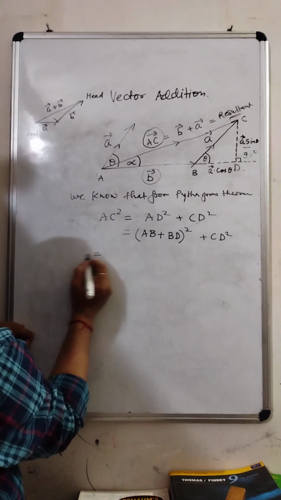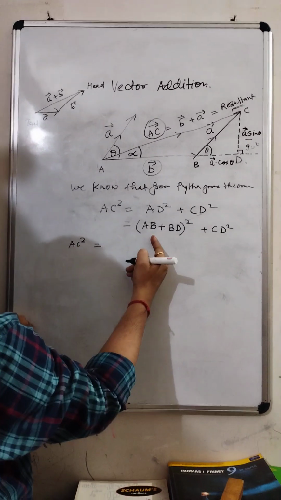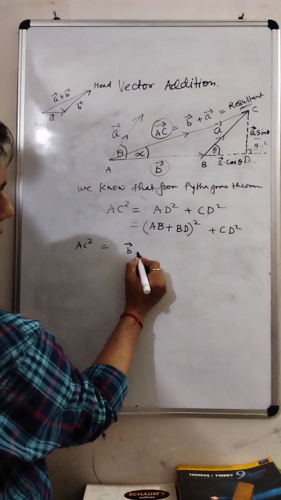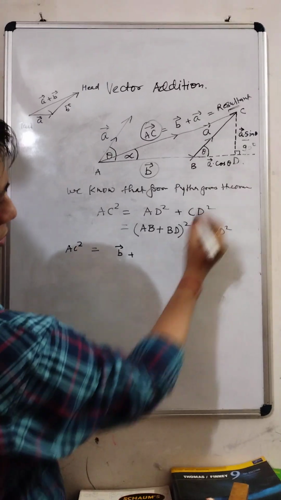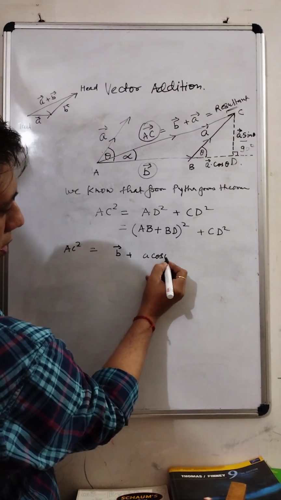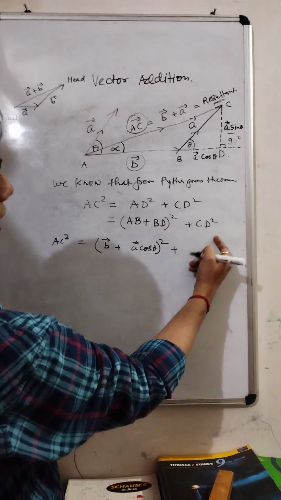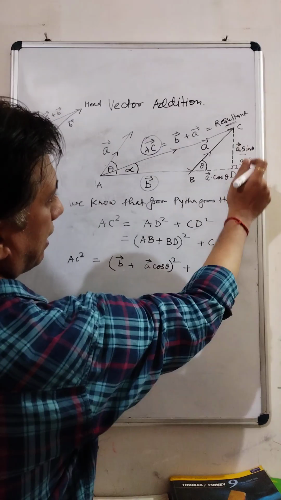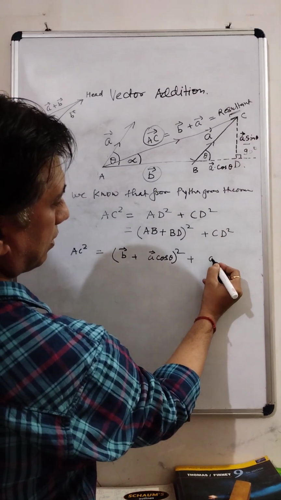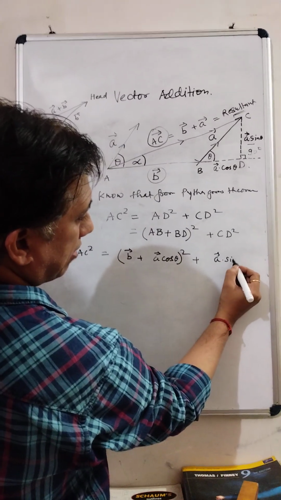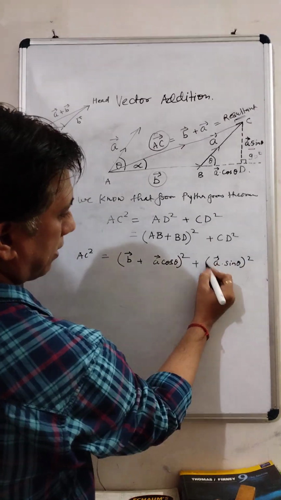We get AC square is equal to (AB, meaning B vector, plus BD, meaning A cos theta) whole square plus (CD, meaning A vector sin theta) whole square.